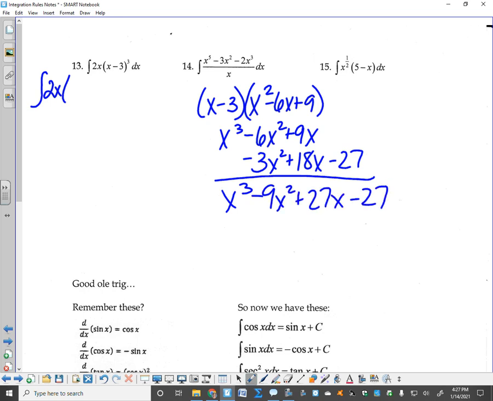There we go. And then while we're over here, let's run a 2x through that. Okay, so 2x to the 4th minus 18x to the 3rd plus 54x squared minus 54x.